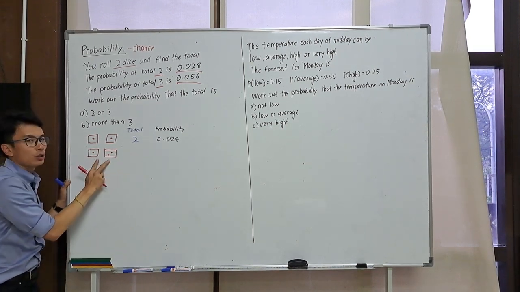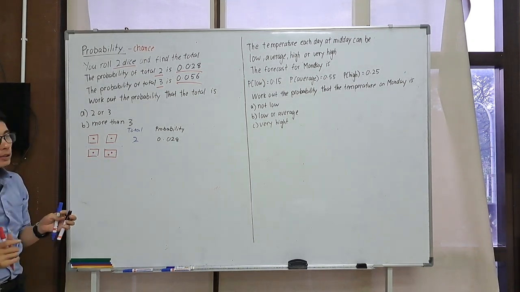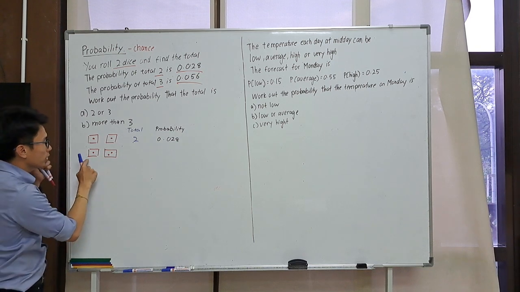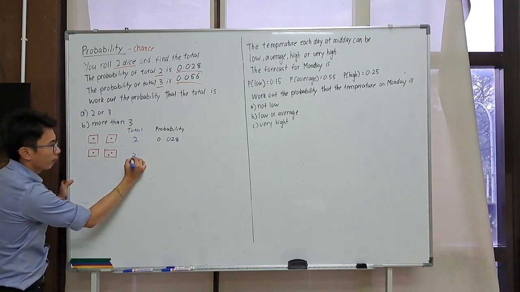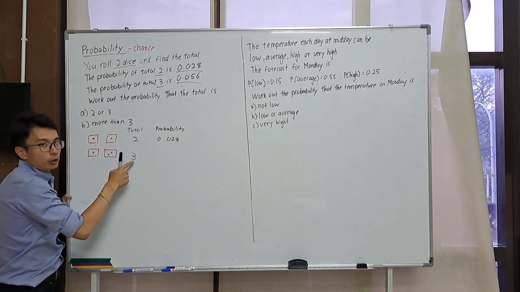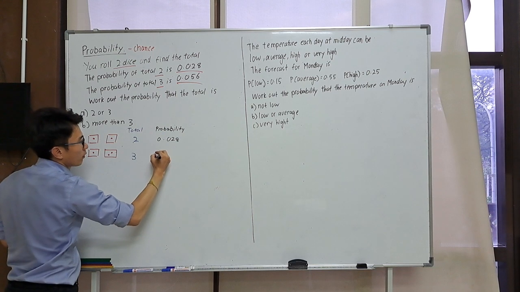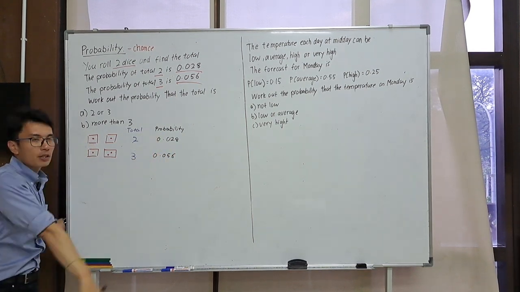Or it can be the other way around. I can get 2 first, then get 1. But the arrangement does not matter here. The important thing is the total of these 2 rows, my first and second row, I will get a 3. And my probability of getting a 3 is this one, 0.056. Okay, let's stay with that first.